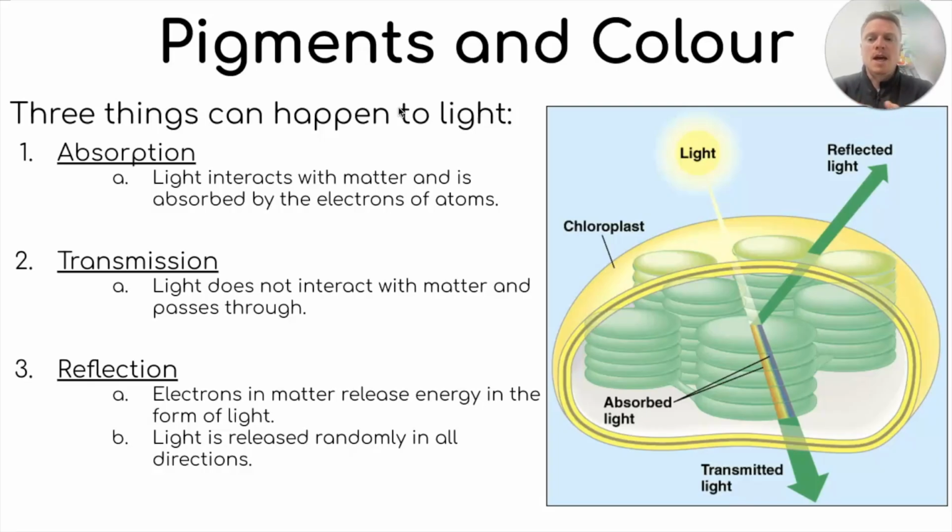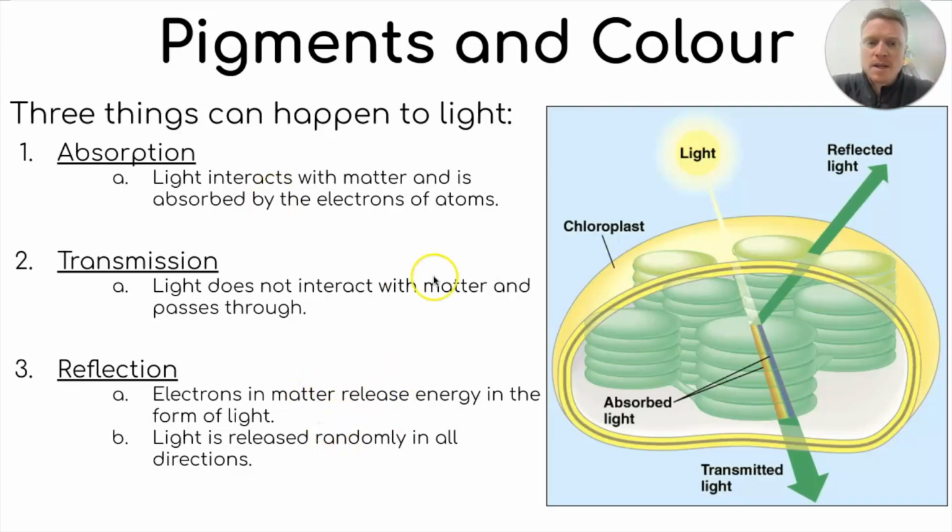The other thing that can happen is transmission. Transmission is when light does not interact and it just goes right through. And then reflection is when light is released from matter. So matter will absorb that photon and then release it as reflection.